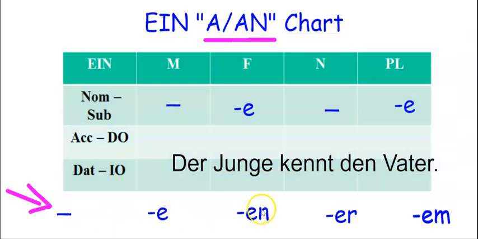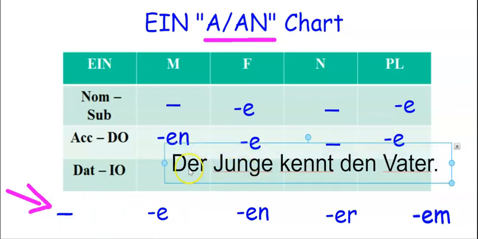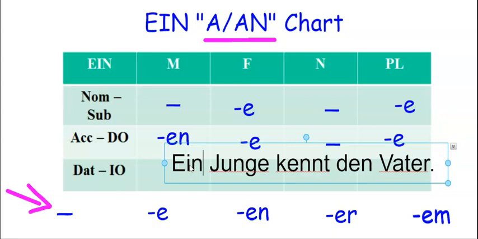But first, let's double check our endings for the accusative. So EN, E, blank, E. So blanky, blanky, any blanky. So we can change the sentence, which has both a subject and a direct object, utilizing this chart. So we would say, well, the boy is the subject of the sentence. So a boy.